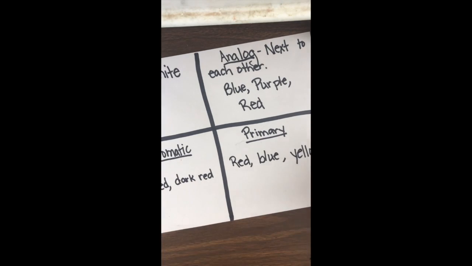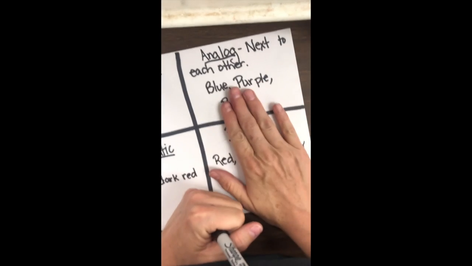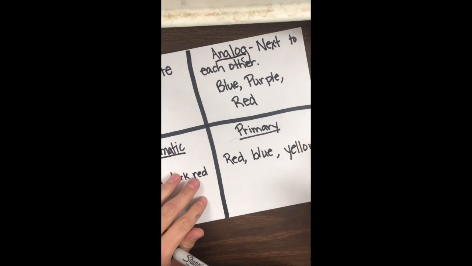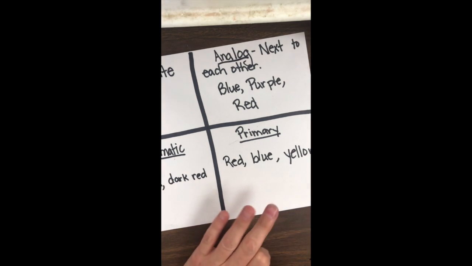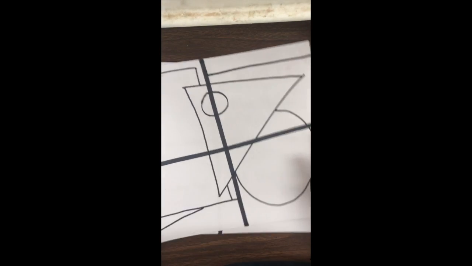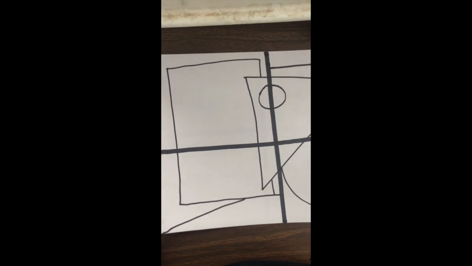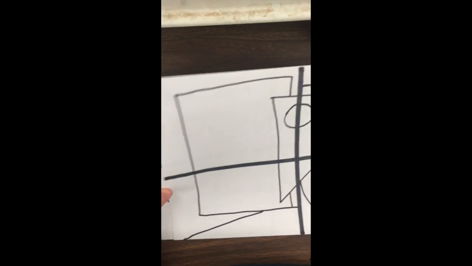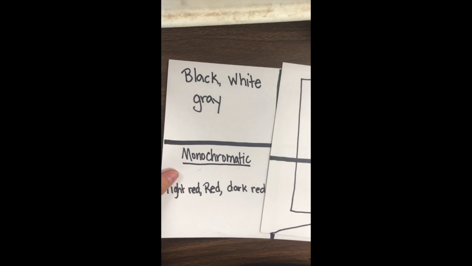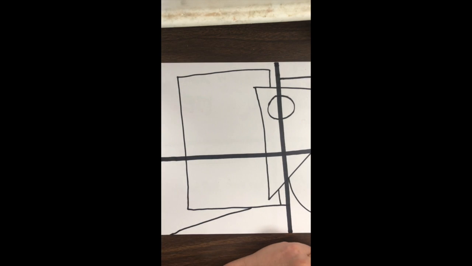Okay, so now that I have these written in pencil on the back, I know what to do when I flip my paper over and color these in. So this square, I'm going to do black, white, and gray.